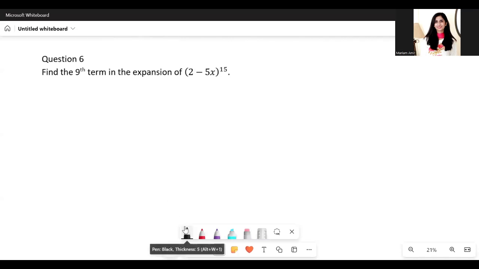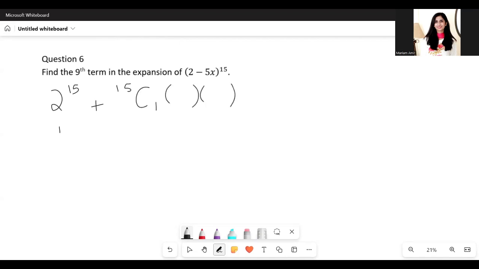Question number 6. Find the ninth term in the expansion of this. So they're only asking for the ninth term, not the rest of them. We know that the term starts from the first term, 2 power 15. That's going to be the first term plus 15C1. That's going to be the second term.